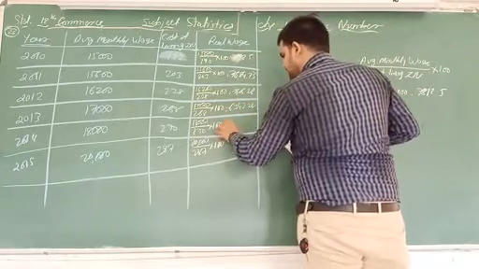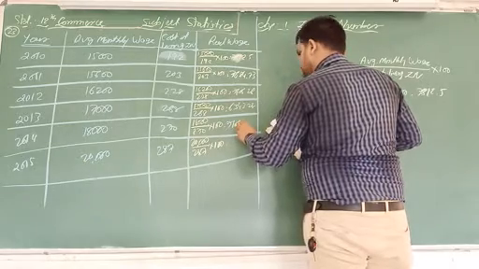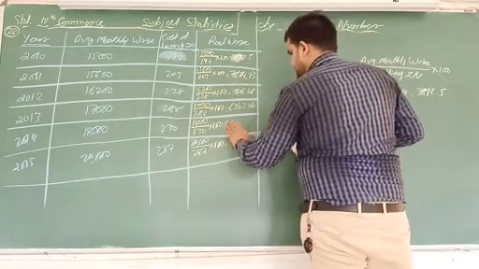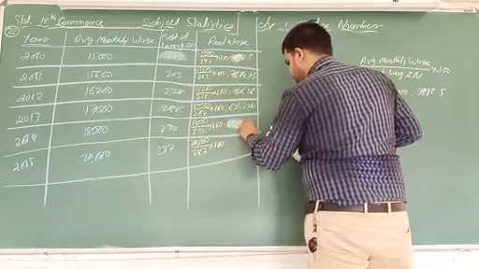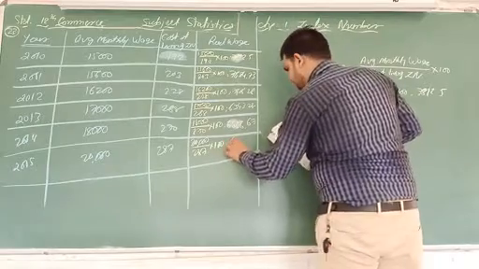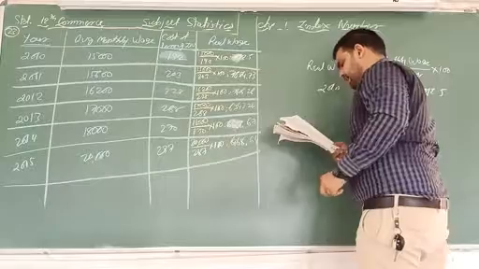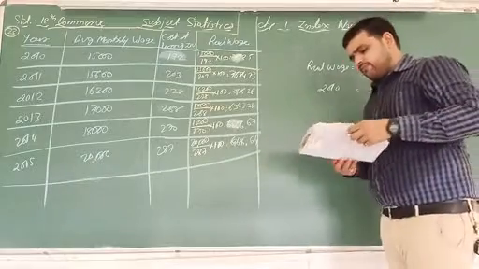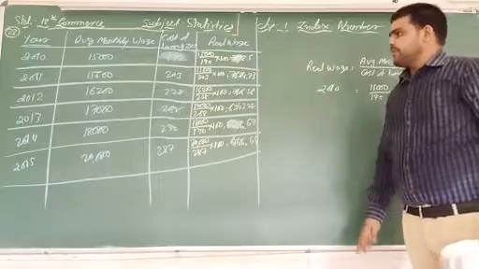Then 6343.28. Then 6666.67. Okay, and 6968.64. Okay, in this way we have to find out the real wage of these particular years.